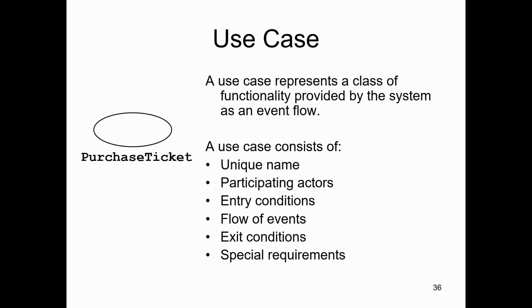So this is very much like that. For example, to purchase a ticket, what's the entry condition? The user must have enough money. Then the flow of events, where the user follows certain steps, and the exit condition: the user has the ticket in hand.